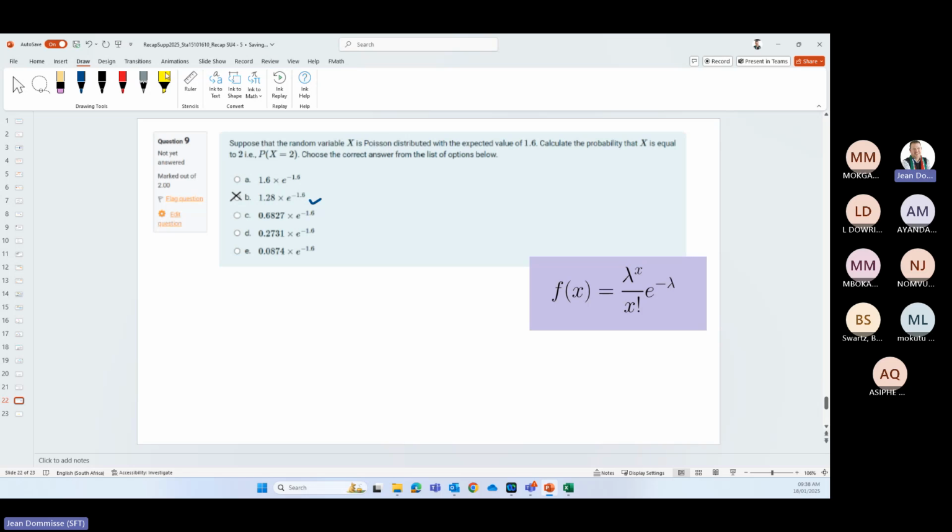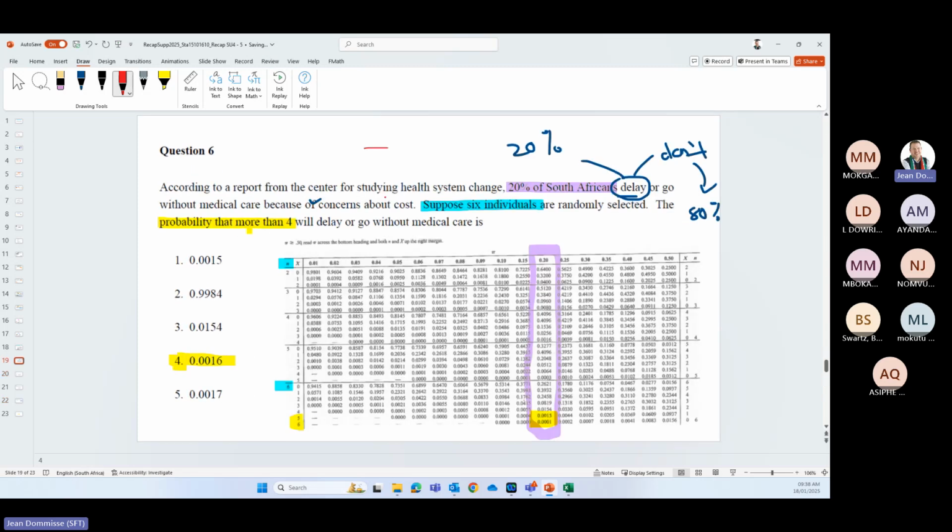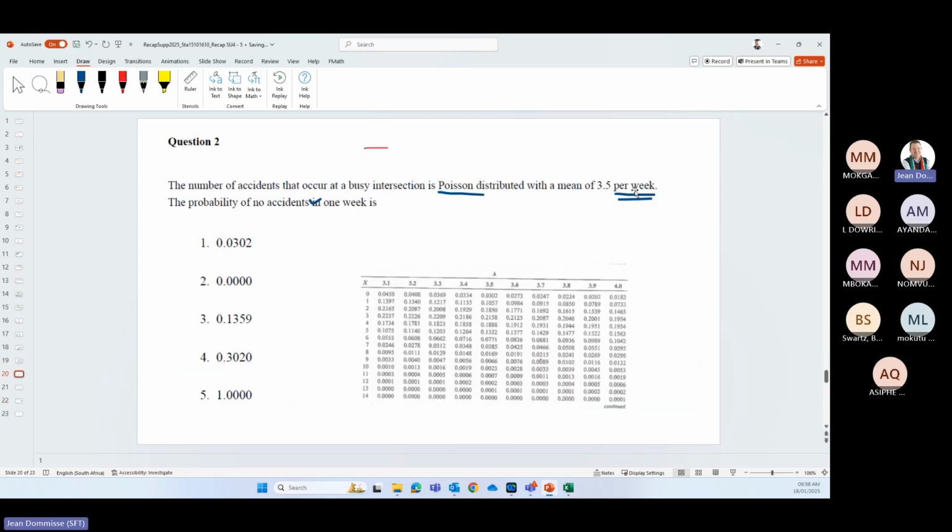Here again, they tell us it's Poisson. But the thing to look out for, if I don't tell you it's Poisson, is to look at that time variable that's linked to it. Okay, so let's look at this one. They tell us it's 3.5 per week, so lambda is 3.5.